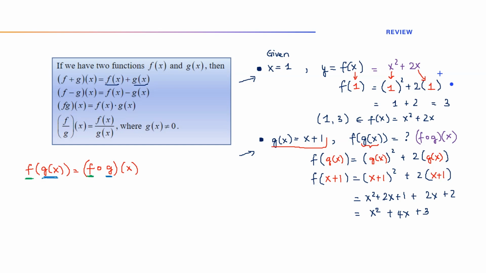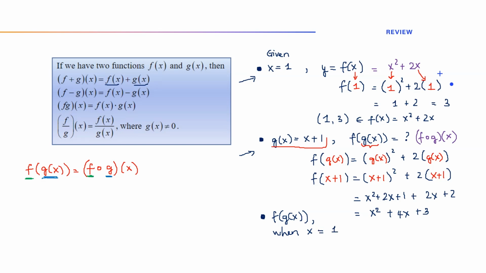Now, if they're asking to plug in the value of a function inside of a function, what do we do? So they say, what is f of g of x when x equals 1? Okay.